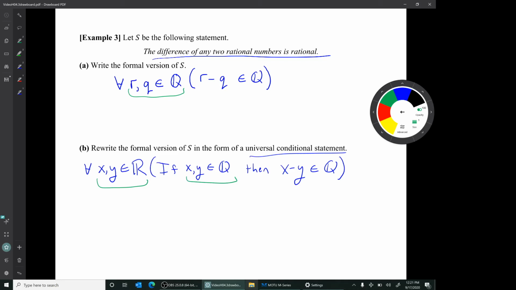Notice that in the original statement, I used letters R and Q because those are commonly used letters for rational numbers. But in the universal conditional form, I used letters X and Y because at the beginning of this statement, all we know about X and Y is that they are real numbers. So I wanted to use letters that are commonly used to denote real numbers.